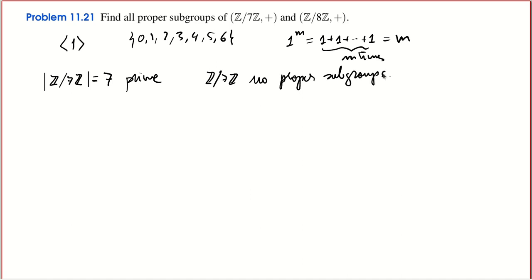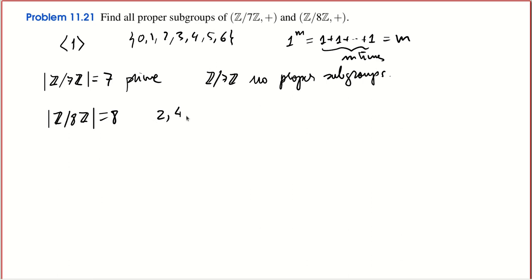Okay. Now we focus on this one, right? And this one has cardinal 8, so the order is 8. So the proper divisors are 2 and 4, right? Of course, 1 and 8 are divisors too, but these are the proper divisors. So the proper subgroups must be of order 2 and of order 4, right?